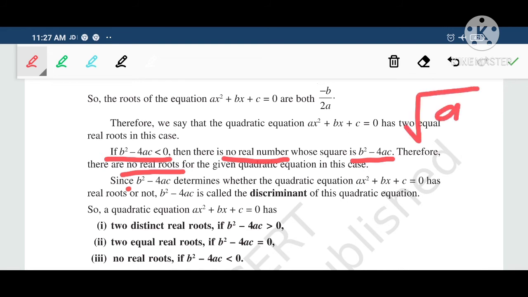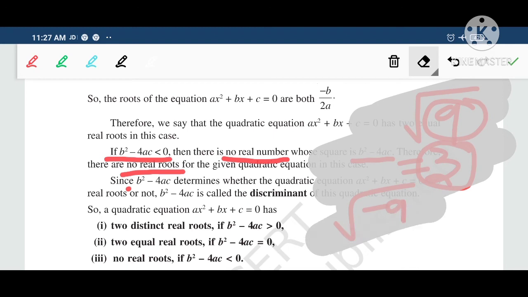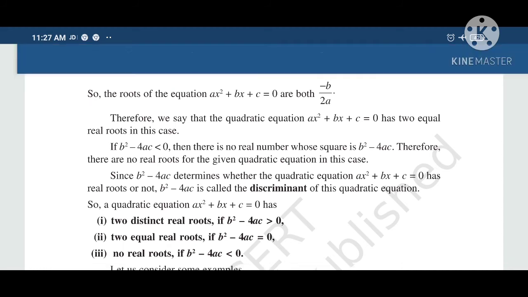For example, root 9 you know is equal to 3, but for minus 9 we don't have any real square root, because if you square 3 you get positive 9 only. So for that condition, if b square minus 4ac is less than 0, there is no real root. So you can see this condition.